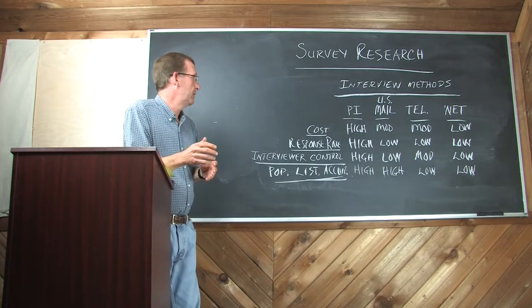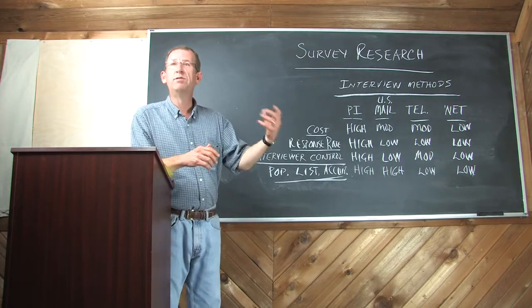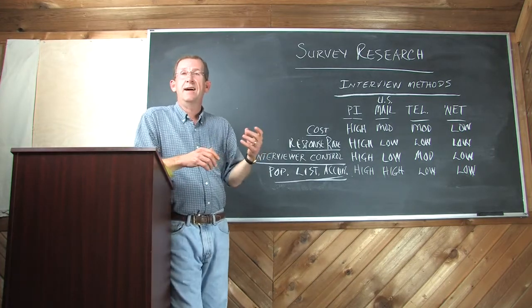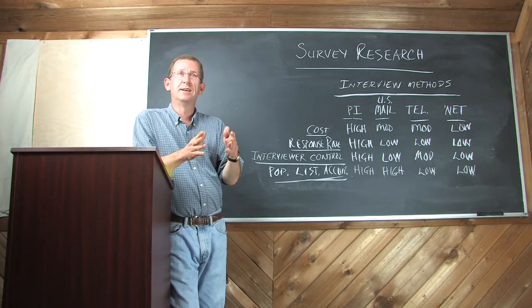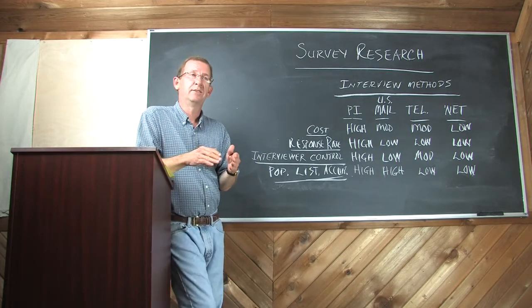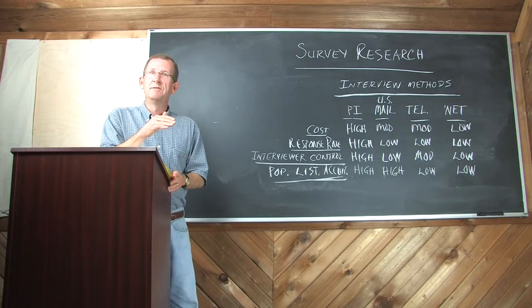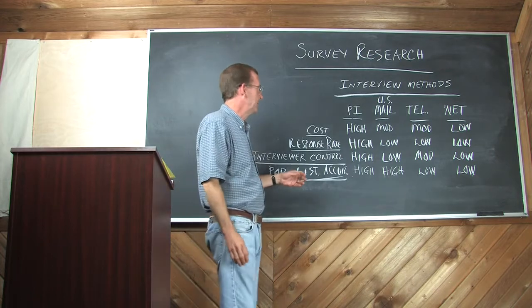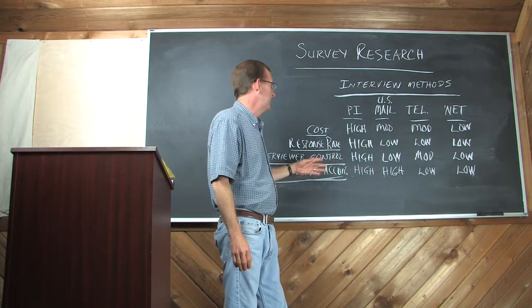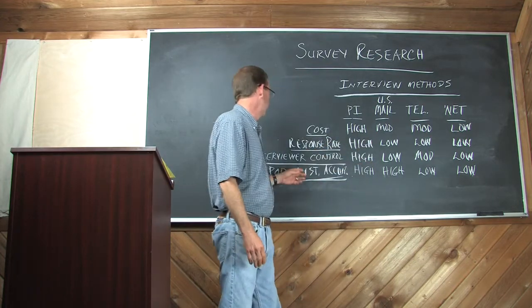Mail survey response rates. Whole books have been written on how to graphically present mail surveys to increase the response rates, but we're talking about increasing them from virtually non-existent to some really low one-digit percentage number. This is horrid on response rates.